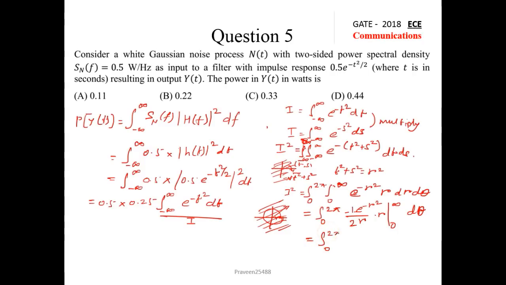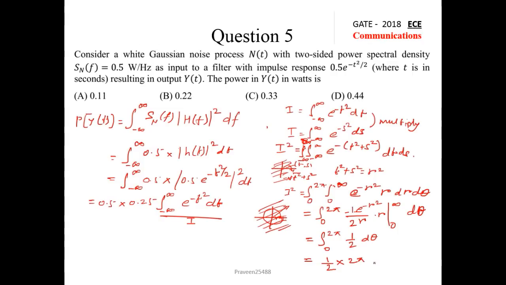Further simplifying this, it would be 0 to 2 pi. This e to the power minus infinity would be 0, and e to the power 0 would be 1. So minus of minus 1 upon 2 would be 1 over 2. R and r would be cancelled out. So here we will get 1 upon 2 d theta. Further integrating, we will get 1 over 2 into 2 pi minus 0.